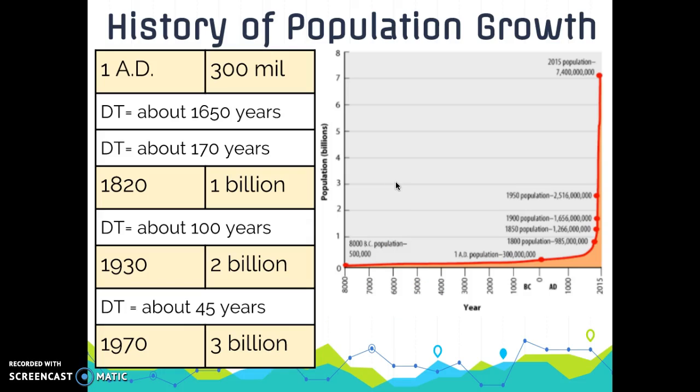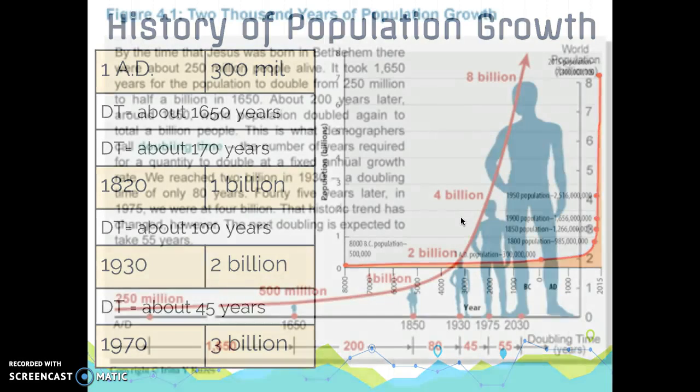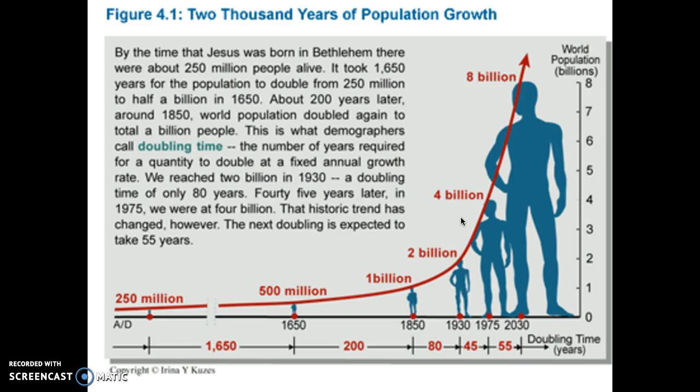Right? And so this is what's referred to as the J curve. It looks like a J, and it's important that you know that. Doubling time is drastically decreasing, and so we see a very high natural increase rate. So one big impact of this, and here's another way of looking at that J curve in the data that I just explained to you, is the Industrial Revolution.